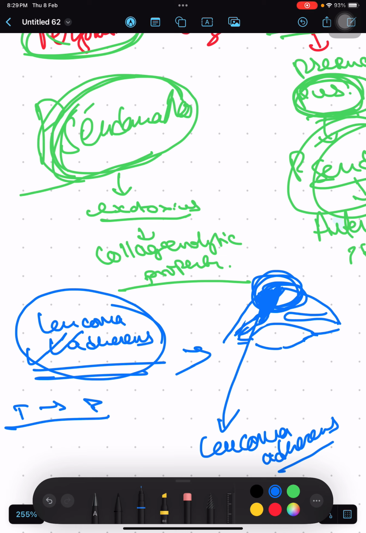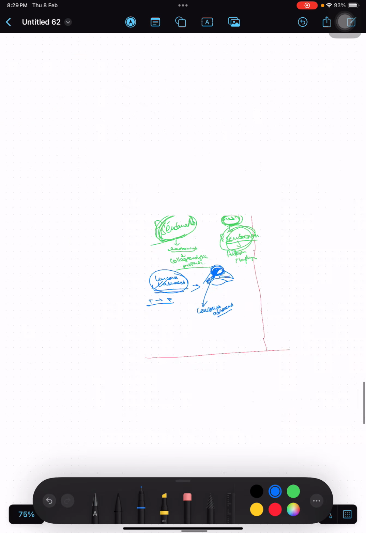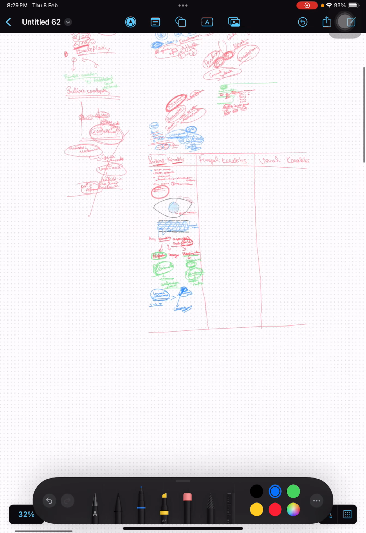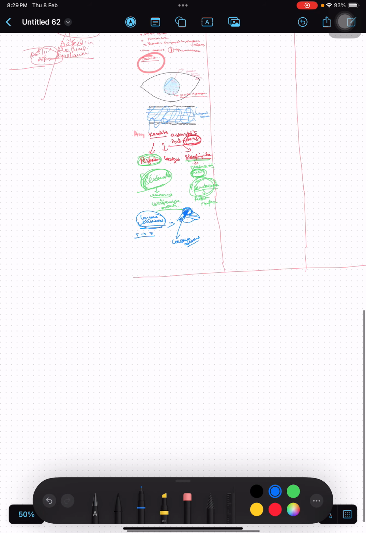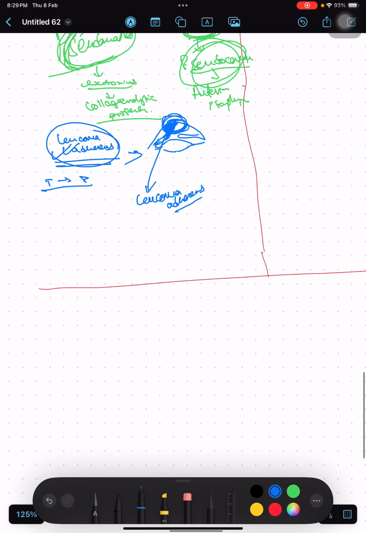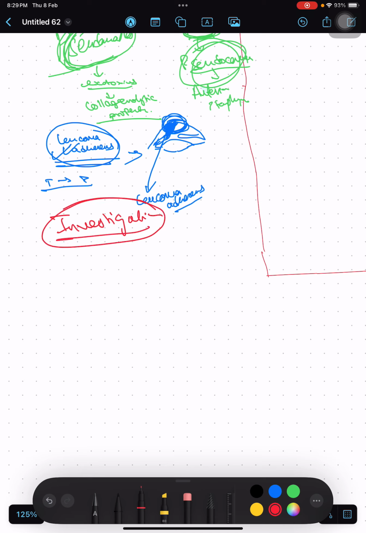Now, what are the investigations that we are going to do? I hope we are clear till here. I told you this is going to be a long lecture. Investigations: we are going to take a corneal scraping. Remember, in conjunctiva we use a Desmarres retractor to retract the conjunctiva to see the places.